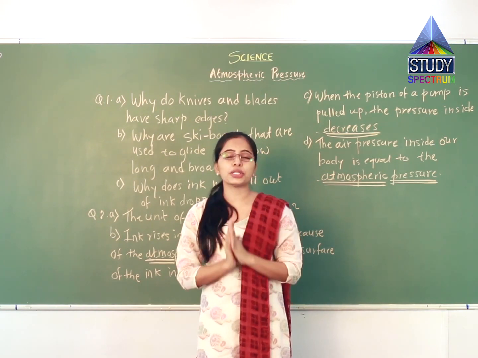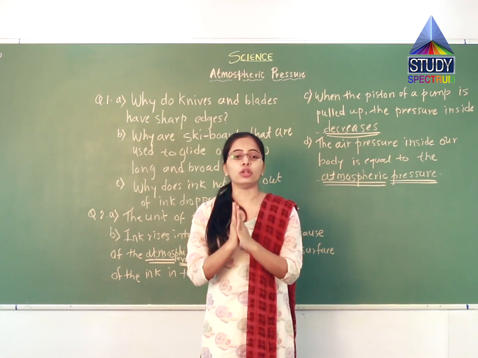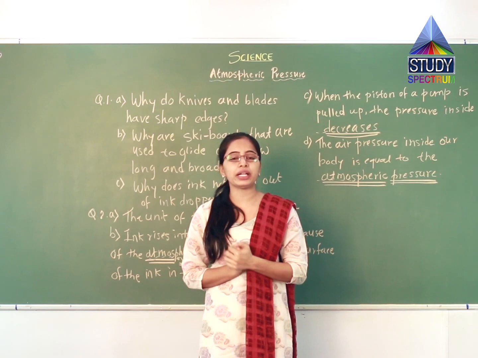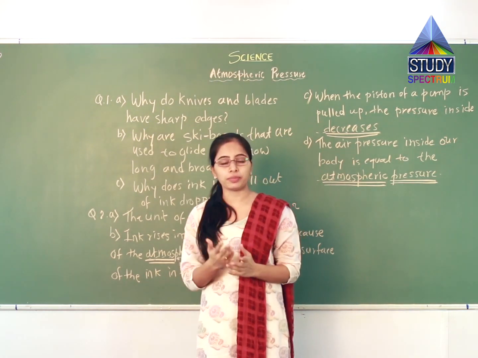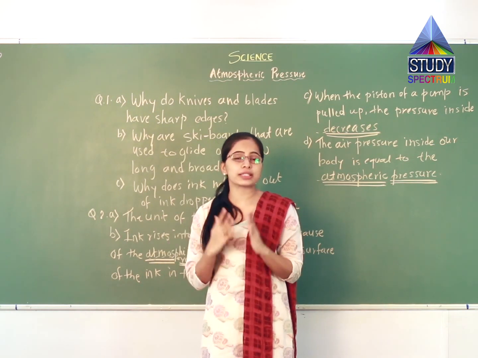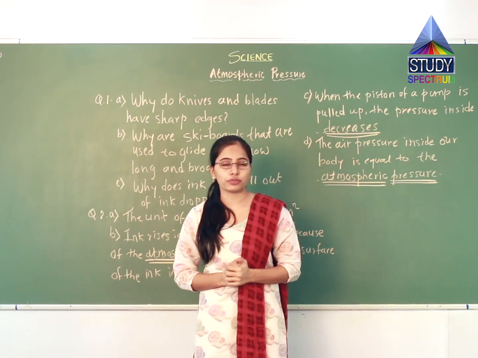So the correct matchup is less pressure here. The next is sharp weapon. So definitely the last matchup is greater pressure. With a sharp weapon, due to greater pressure, we can cut the objects easily. So these are the match the following answers.